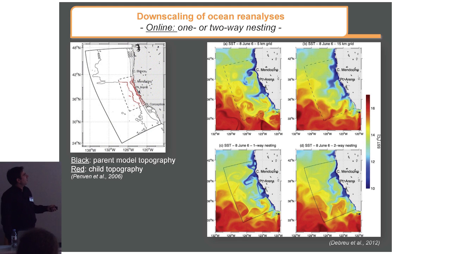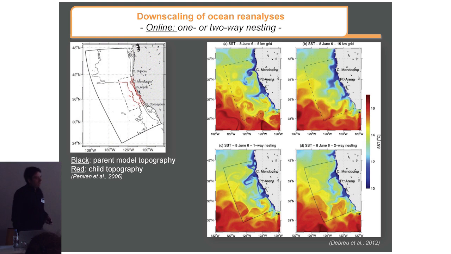Just to illustrate it, you have here an example of a simulation where they tested the effect of one-way or two-way nesting. This domain is in the California Current System. You see the bathymetry here in black. The small domain nested into the large domain is here in red.